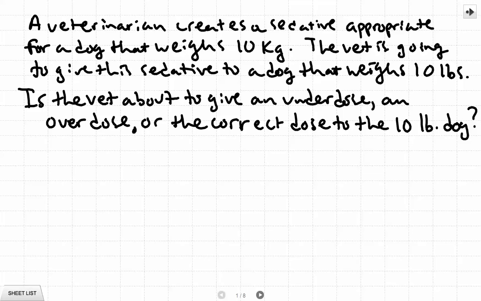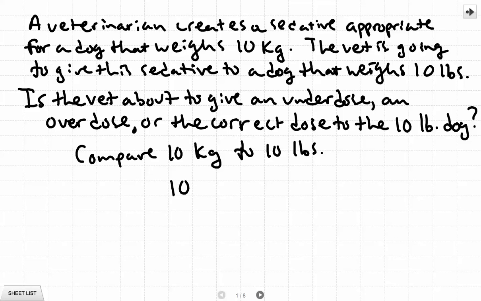So the veterinarian is standing there with a sedative that should be given to a dog that weighs 10 kilograms, but the dog in front of the vet weighs 10 pounds. So basically, we're looking to compare 10 kilograms to 10 pounds. And one of three things is going to be true.